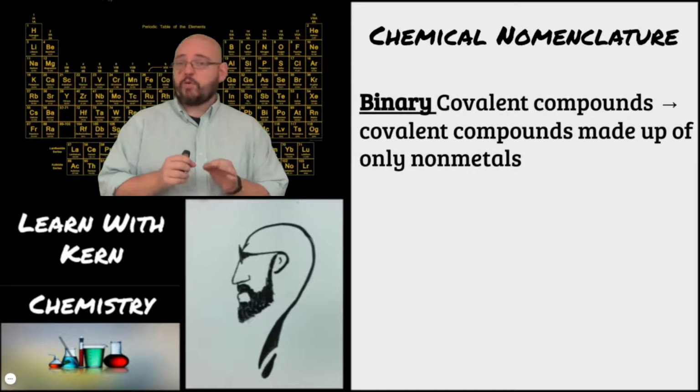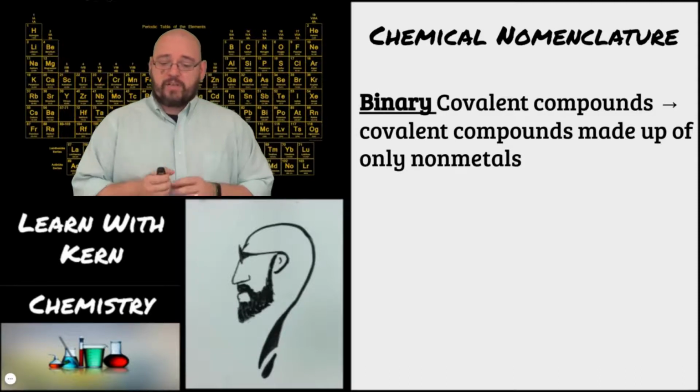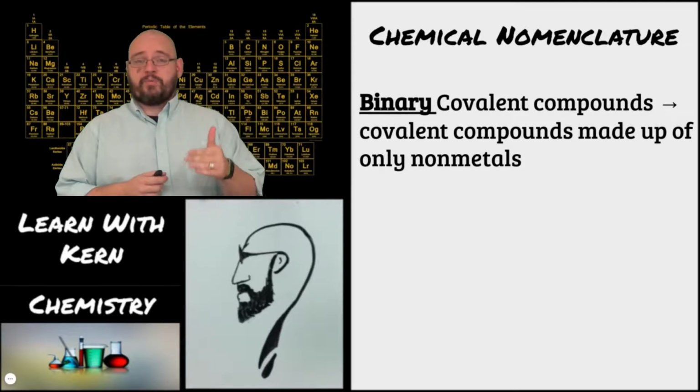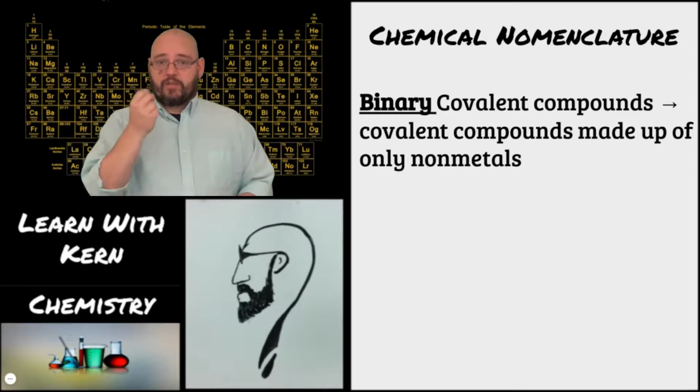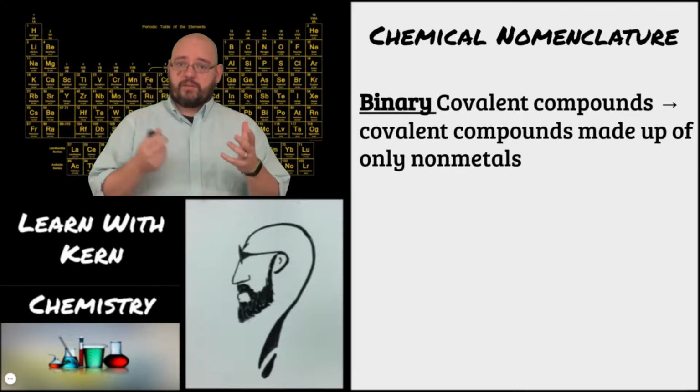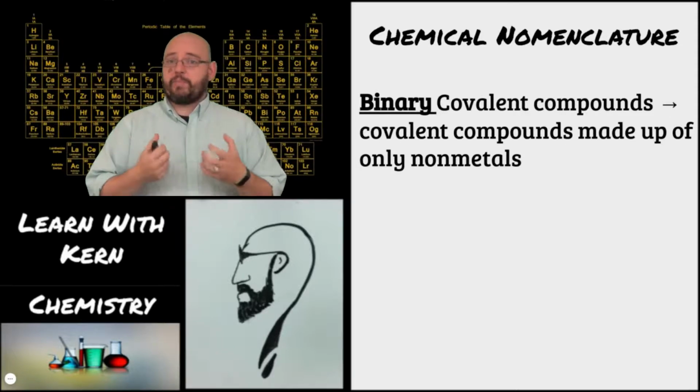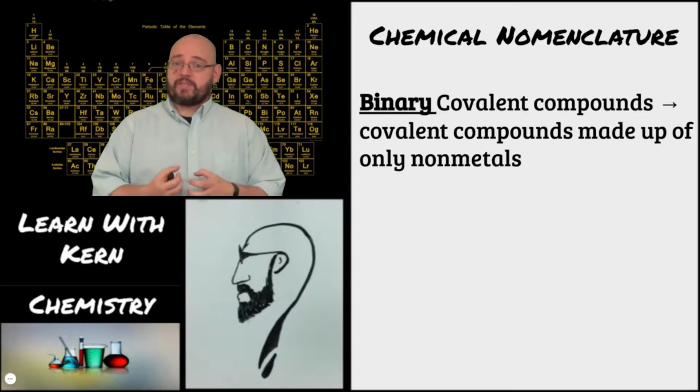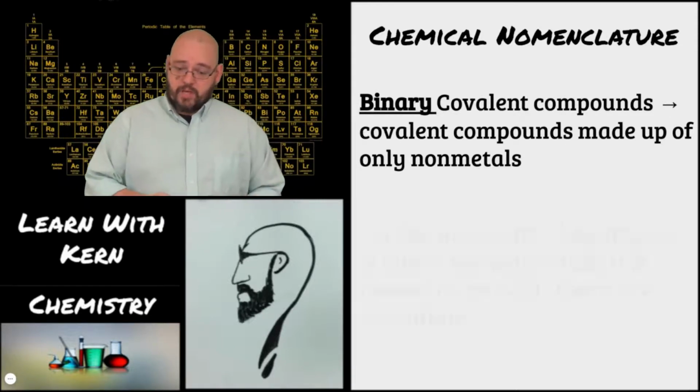Now, a binary covalent compound is the next type of compound that we're going to deal with in the IUPAC system. A binary covalent compound is a covalent compound made up of only nonmetals, two nonmetals. So binary still means the same thing, two elements, and they're both nonmetals.